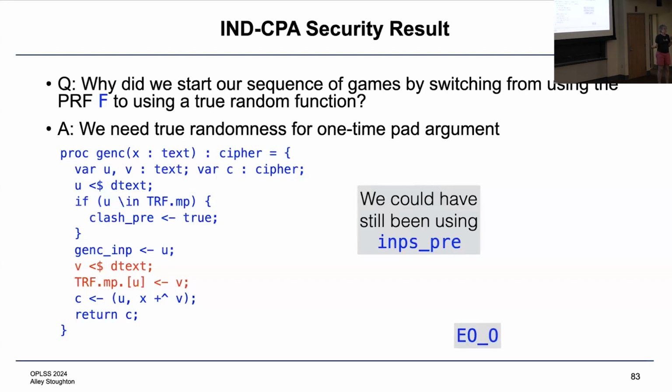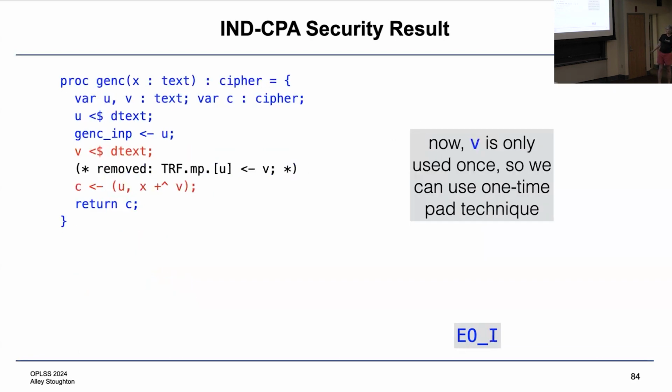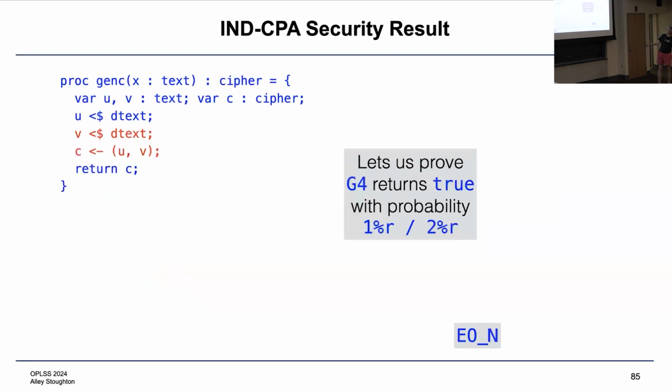We can predict how that works, and then we could make the step where we didn't even update the map, and then we can make the step where we don't even involve X as part of the ciphertext. And we couldn't do any of that if we stayed with the PRF. And so that's why the structure of this proof is the way that it is.